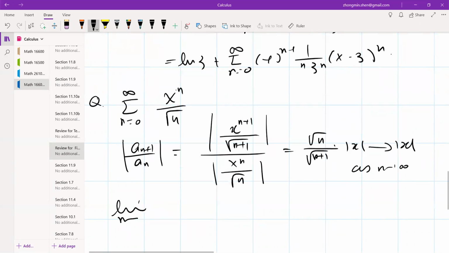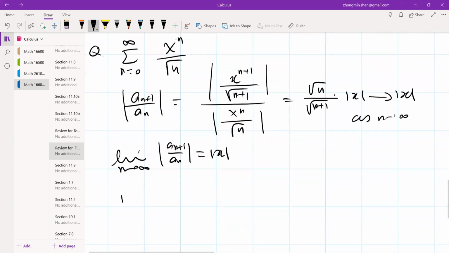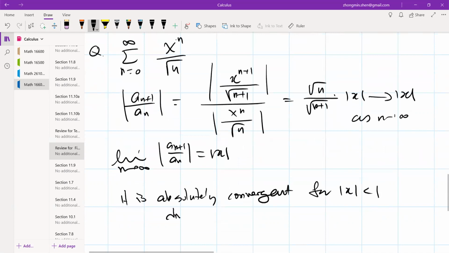So this limit is going to be absolute x, and clearly it means the power series is absolutely convergent for |x| less than 1 and divergent for |x| greater than 1.